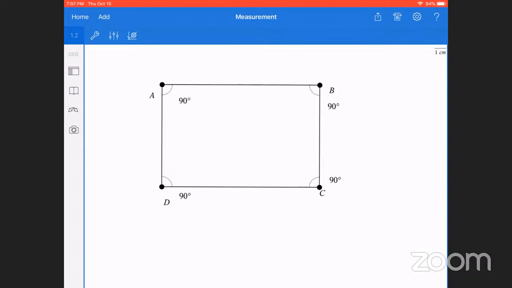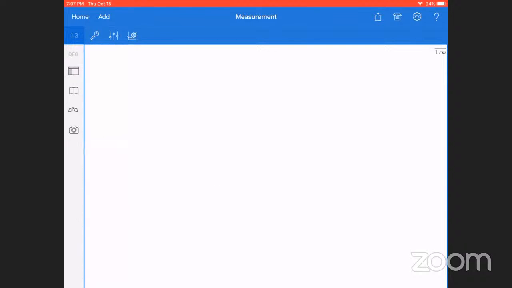So let's talk about, these are polygons, right? Do you agree with that? So let's go to another geometry page. Johnny, what's the difference between a polygon and a regular polygon?